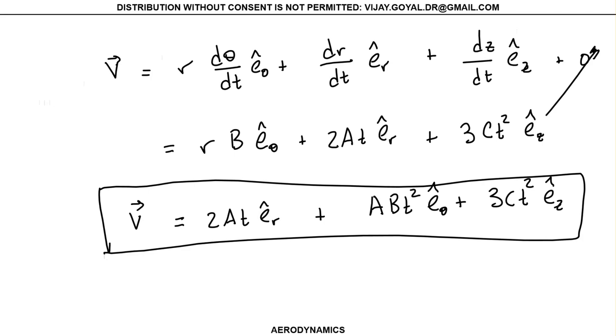Now you may ask, okay, so what is the velocity? I had the velocity, I want the acceleration. So let's go ahead and find the acceleration for this exercise. The acceleration will be the derivative of v with respect to time.